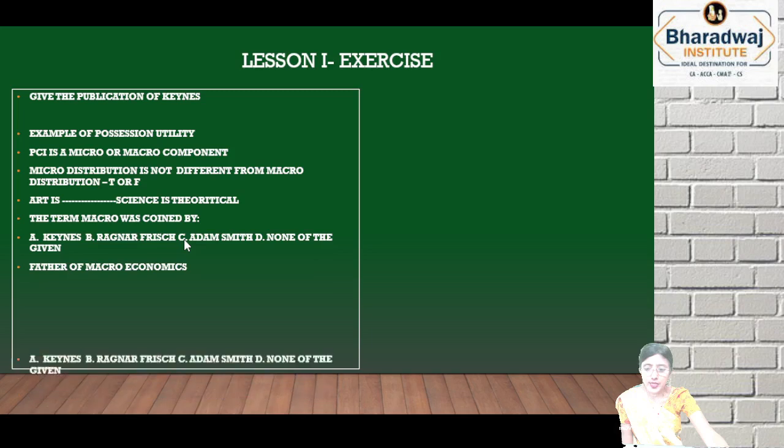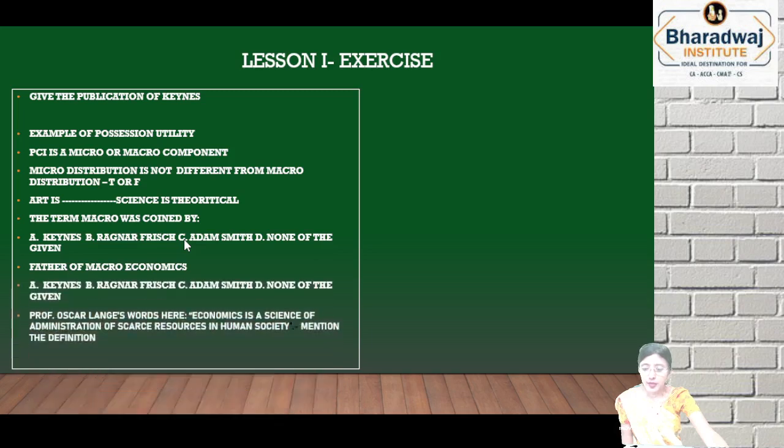The answer key will be released, but you have to do it. Expected question: give the publication of Keynes. Write down your answers. We will check it up. Key is there. Give the publication of Keynes.